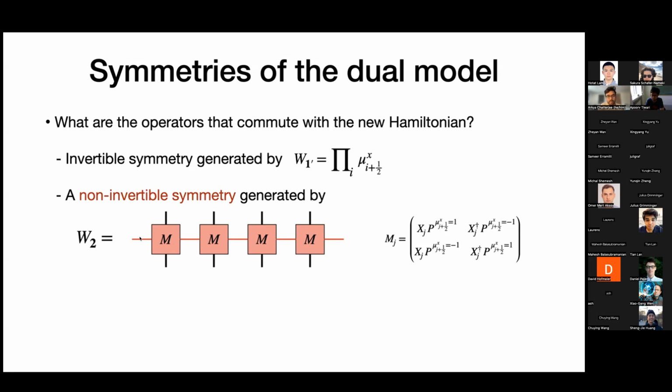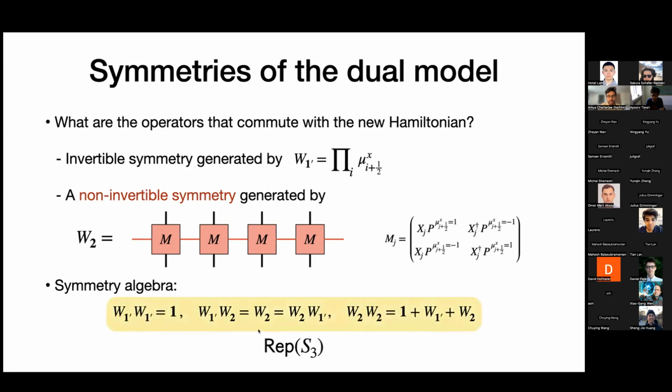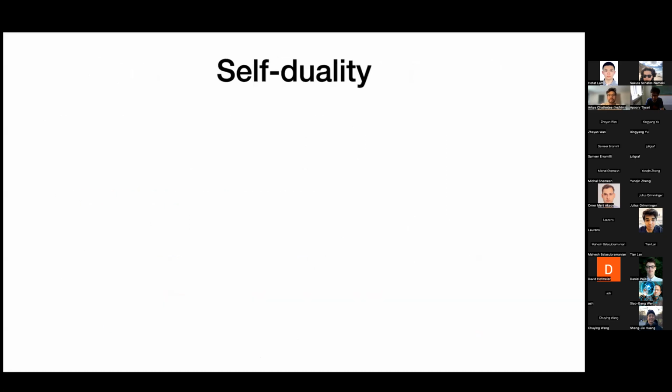This is some detail, but the point is that the symmetry algebra actually matches that of Rep S3. So this one is labeled by the sign rep of S3, and this non-invertible guy is labeled by the 2D rep, which I labeled with 2. And their algebra matches the fusion rules of the irreducible representations of S3. And so indeed you get a Rep S3 symmetric Hamiltonian.